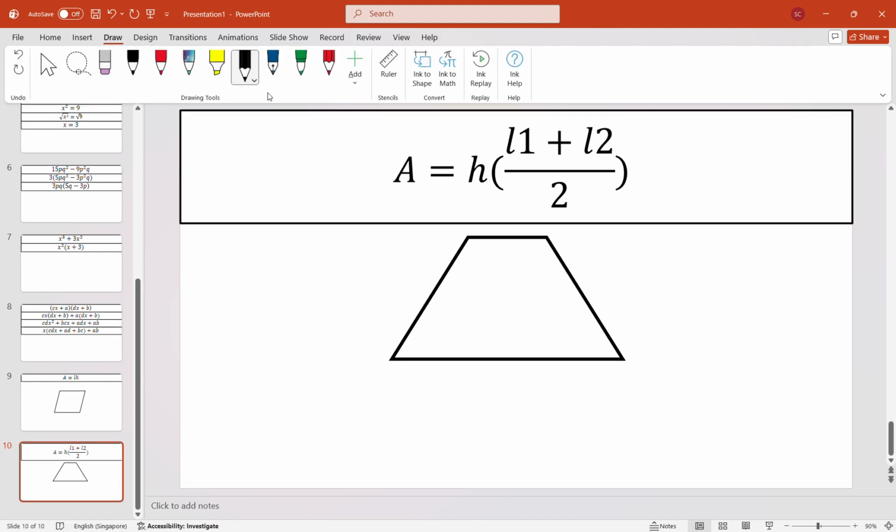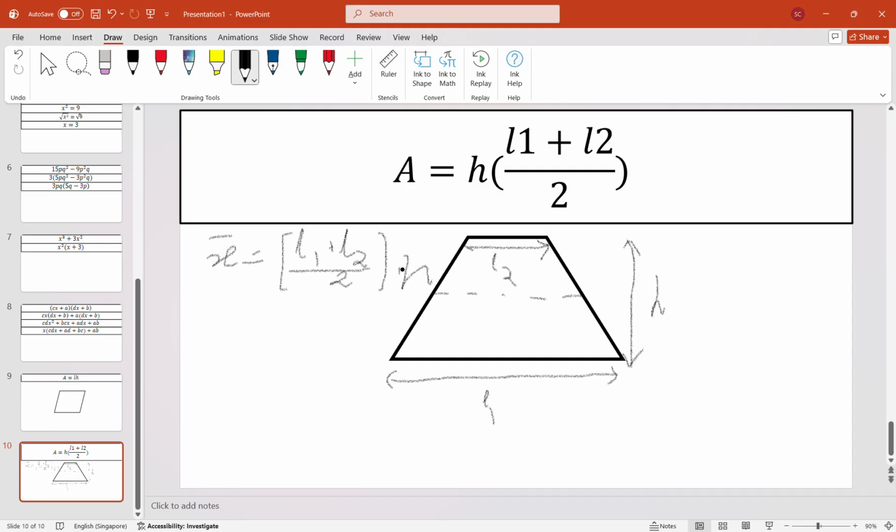But essentially, what you need to know is that we find the average of the two straight sides, which we label L1 and L2, giving us L1 plus L2 over 2, and then we gotta think about the height. So times the height.